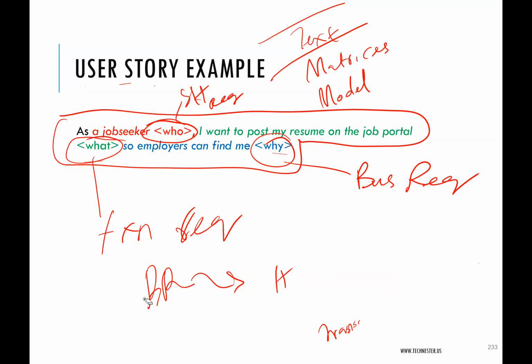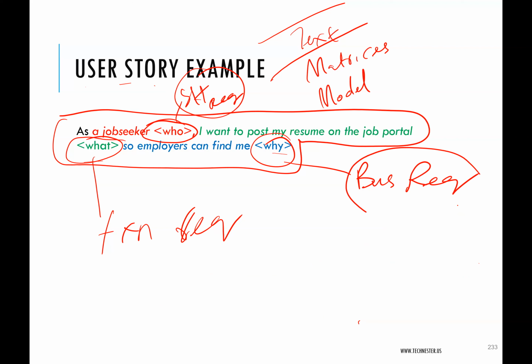Now, from these requirements, you can see that this simple one-line sentence, as a job seeker, I want to post my resume on the job portal so employers can find me, represents these three requirements: stakeholder requirement, business requirement, and part of the solution requirement, because it only represents the functional requirement. But solution requirement has functional and non-functional.